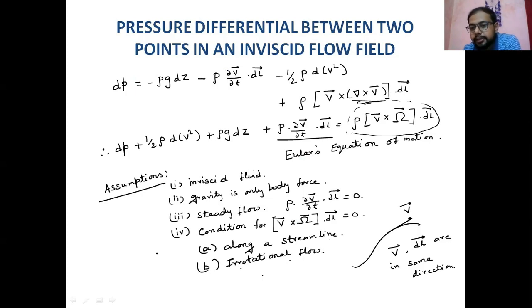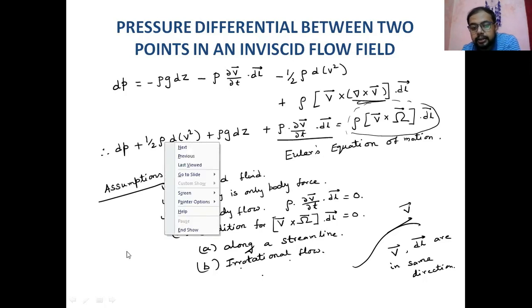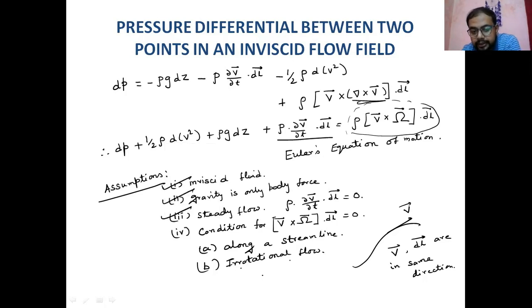So these are the assumptions: inviscid flow, gravity is the only body force, steady flow, and fourth, either it should be along a streamline or irrotational flow. If we take all these assumptions, this part will become 0 and this part will become 0.